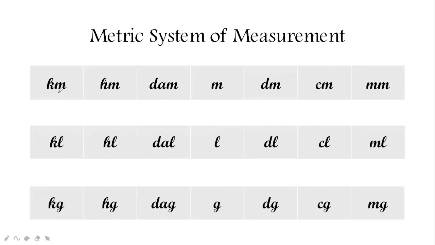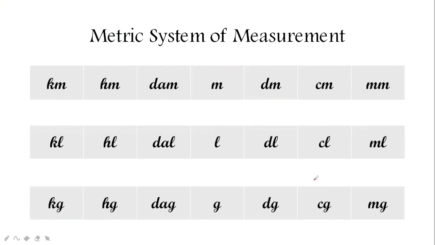So, this one: kilometer, hectometer, decameter, meter, decimeter, centimeter, millimeter. Next, kiloliter, hectoliter, decaliter, liter, deciliter, centiliter, milliliter. Kilogram, hectogram, decagram, gram, decigram, centigram, milligram.